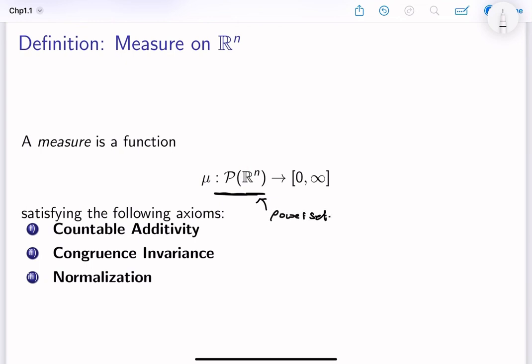But we're gonna see that this is gonna fail. We won't be able to define such a function with these three properties. We're gonna give examples and see why we need a more restrictive domain. Taking the domain to be the power set is too general, and we can't define such a function, and we're gonna see why.